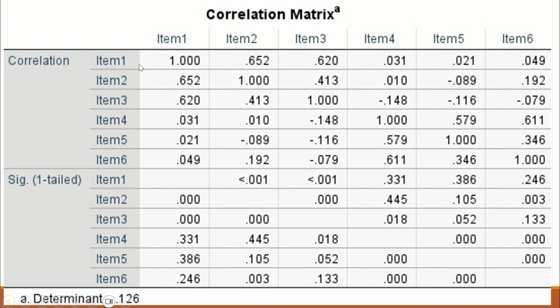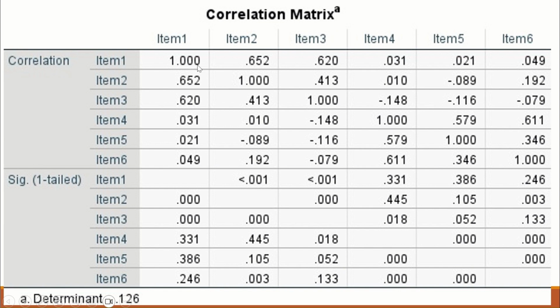So for the correlation, when item 1 is correlated with item 1, it is perfect correlation. Item 1 correlated with item 2, the value is 0.65, which is within the range. For item 3, within the range. Correlation between item 1 and 4 is very poor, less than 0.3, it is 0.03.